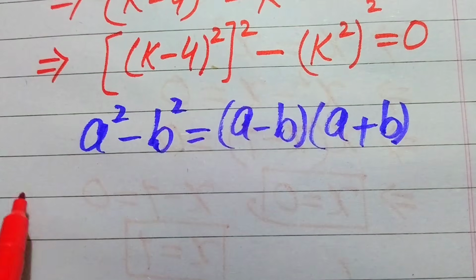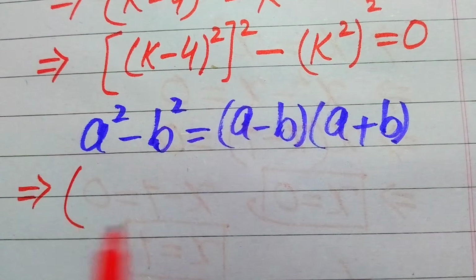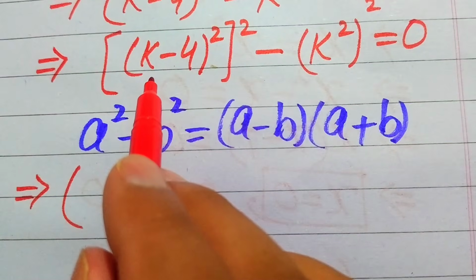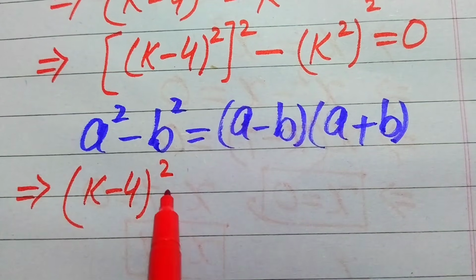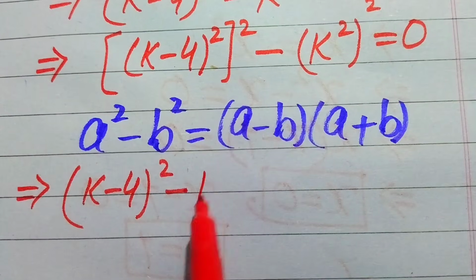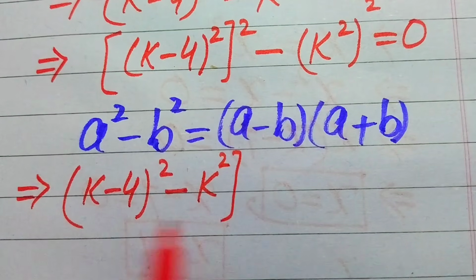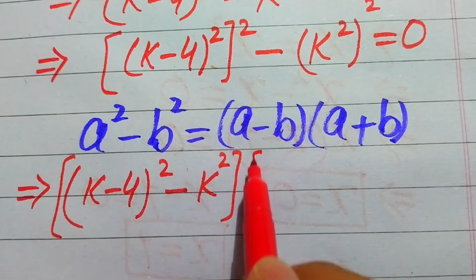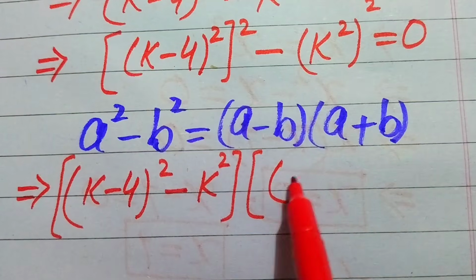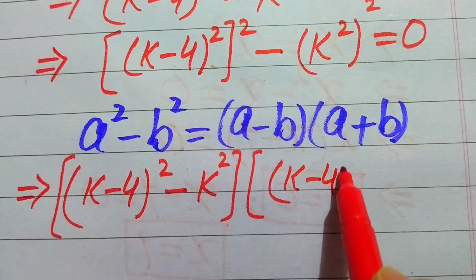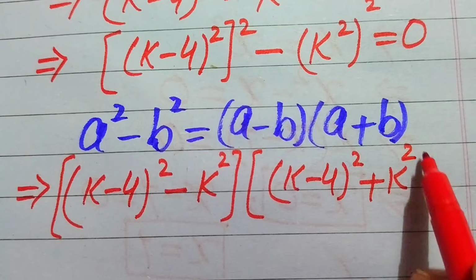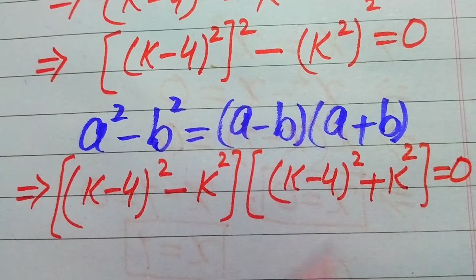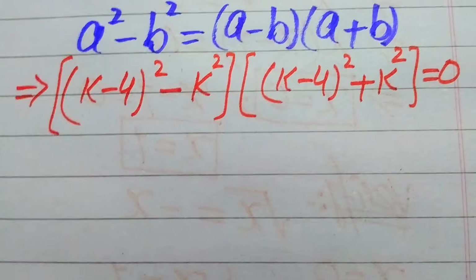The first factor is a minus b: the value of a is (k - 4)^2 and the value of b is k^2. The second factor is a plus b, where a is (k - 4)^2 and b is k^2, and this whole equation equals 0.